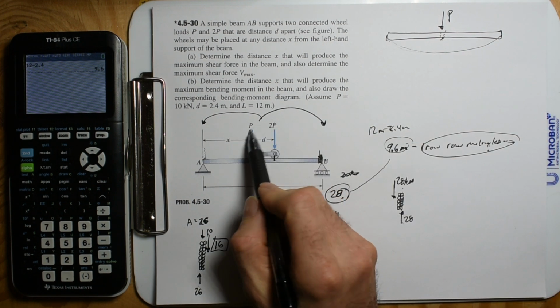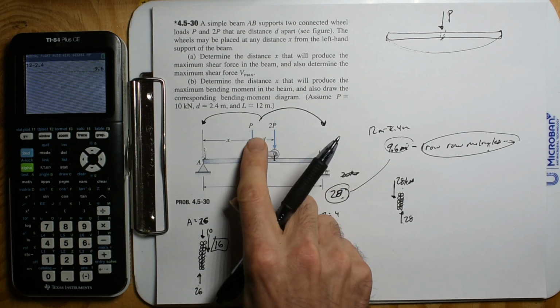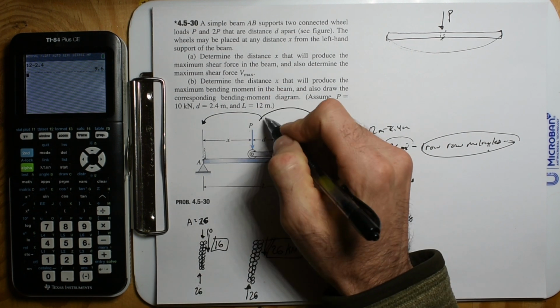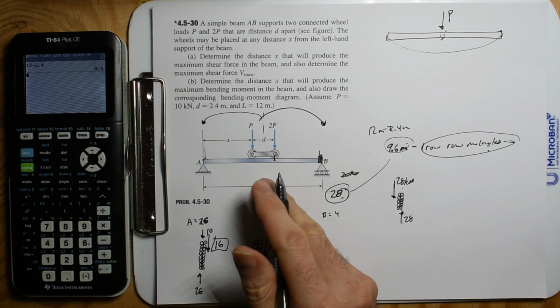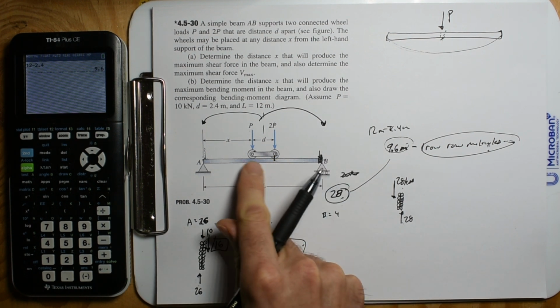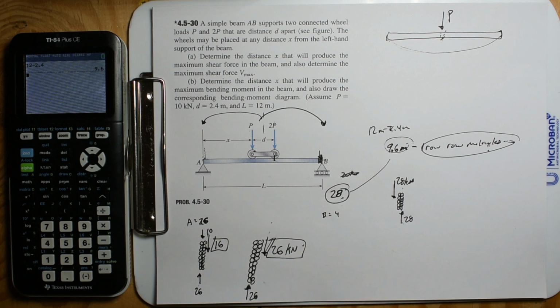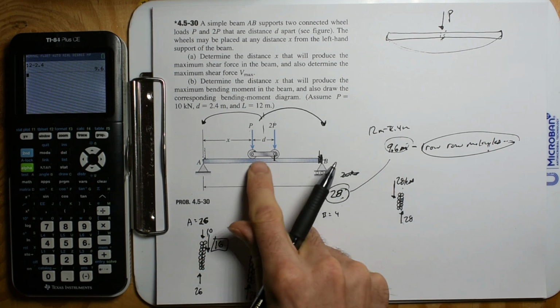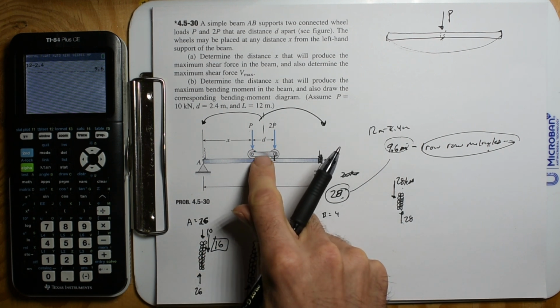But since we have two forces here, if these were equal, if there was 20 and 20, then hell yeah, you would just put this thing right in the middle. So what we need to do is also treat this like, where's the center of mass?